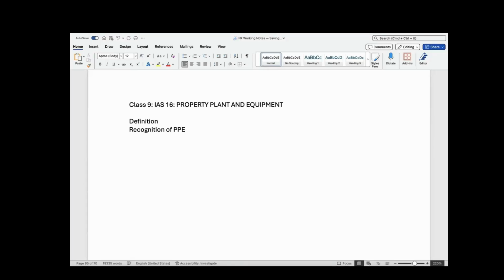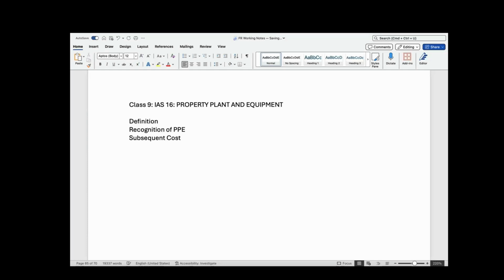How do you recognize it? How do you record it in your books? When we have learned how to recognize it, then we'll learn something we call subsequent costs, because after you have recognized it, there would be some costs that would come up during the year.